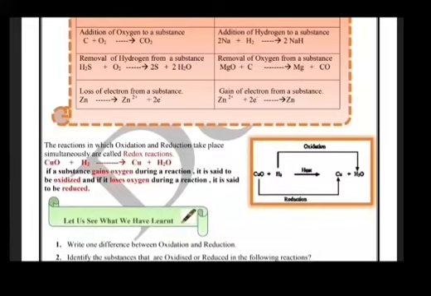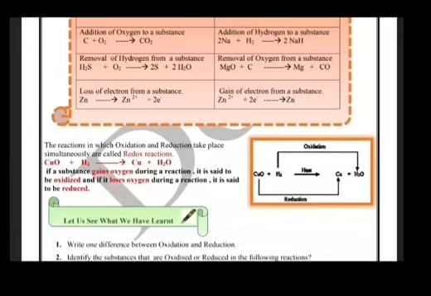If a substance gains oxygen during a reaction, it is said to be oxidized. If it loses oxygen during a reaction, it is said to be reduced. When in a reaction a group, element or substance gains oxygen, it is oxidized, and if it loses oxygen it is reduced.